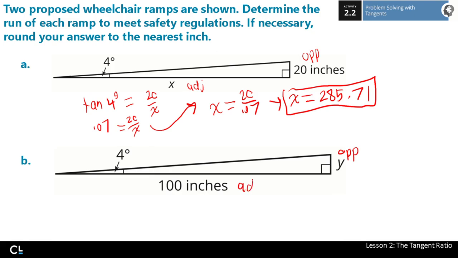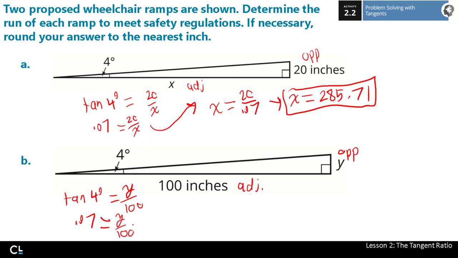And in my next one, we have the same thing, but now our opposite side is our variable and our adjacent side is our number. So when we set it up, we get the tangent of 4 degrees equals y over 100. This one's actually going to be easier. When we swap out our tangent of 4 degrees again, we plug it into our calculator. It's going to give us 0.07, just like it has been, and we're going to get 0.07 equals y over 100.